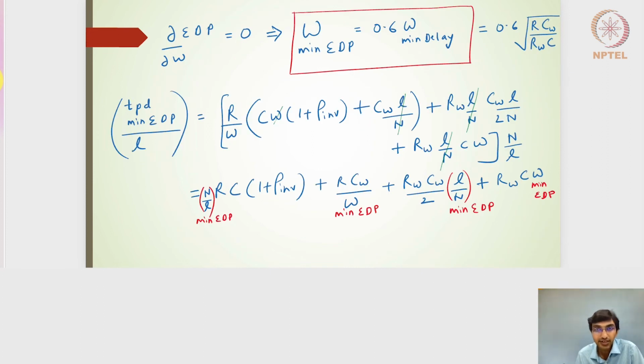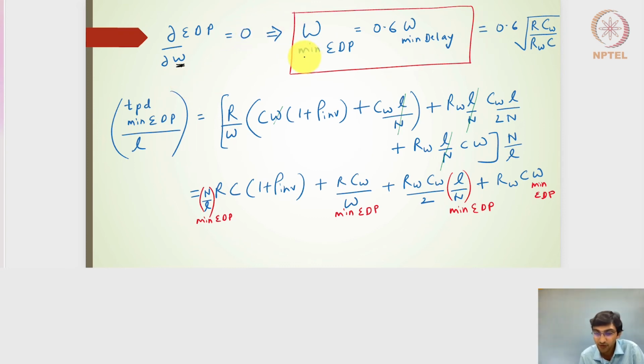That was about the optimized L by N parameter. Now let's look at the optimum W parameter, the width of the repeater. For that we take the first order differential with respect to the W parameter and equate it to 0.